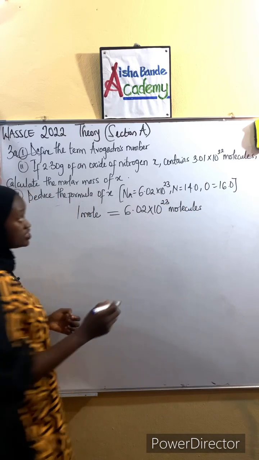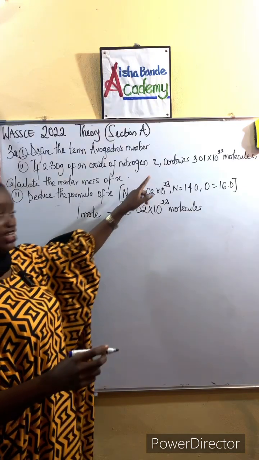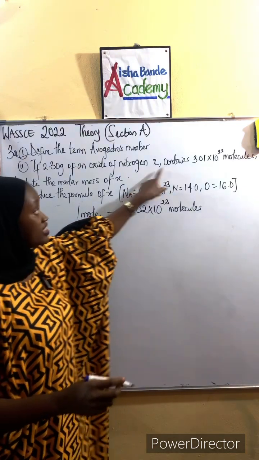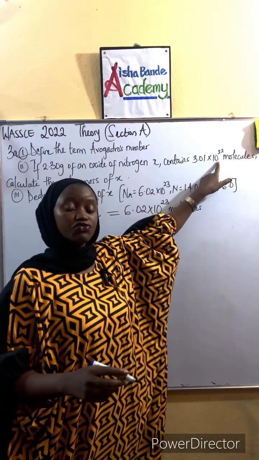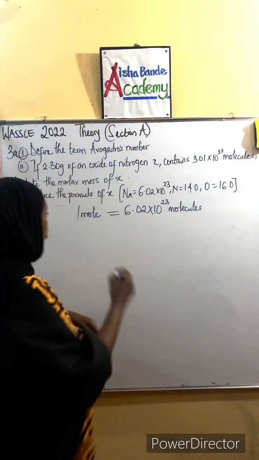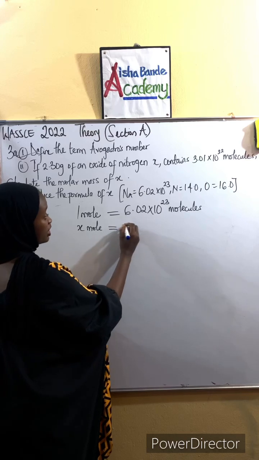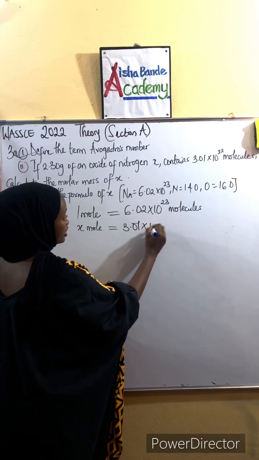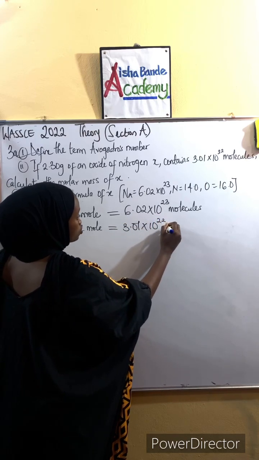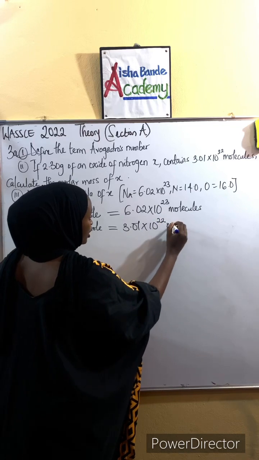And now the question is saying that we should find X, for X moles containing 3.01 times 10 to the power of 22 molecules.